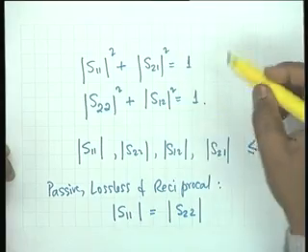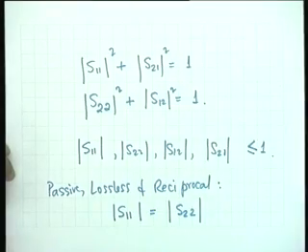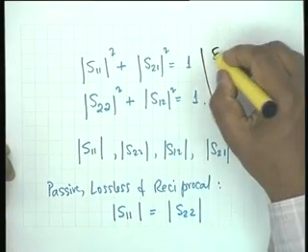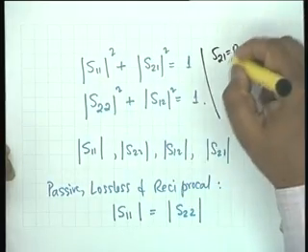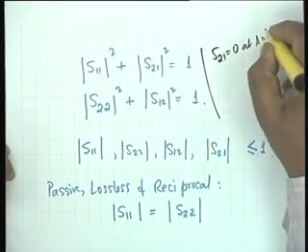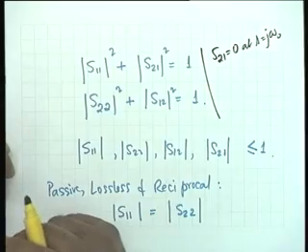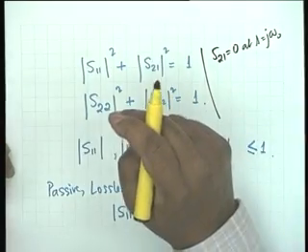In addition, we have already stated that if one of them is 0, suppose S21 is equal to 0 at some frequency, let us say at s equal to j omega naught. What does this indicate? It indicates that the forward transmission scattering parameter is 0.